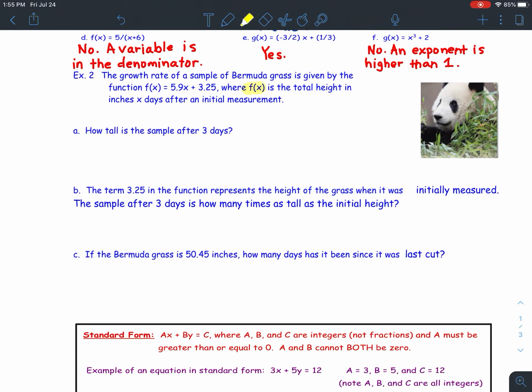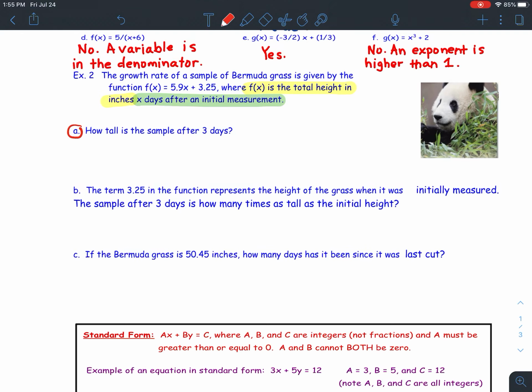Okay, so what's very important with word problems is that you are identifying what your y variable is representing and what your x variable is representing. And of course we know that f of x is the symbol that is representing the y variable. Okay, so y is the height of the Bermuda grass, x is how many days have passed since it was initially measured.